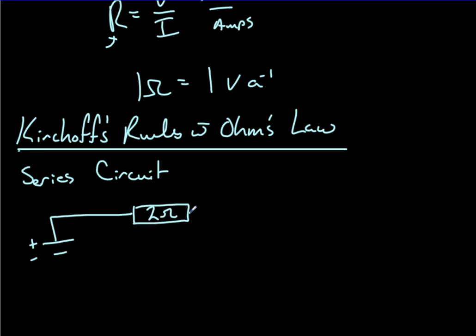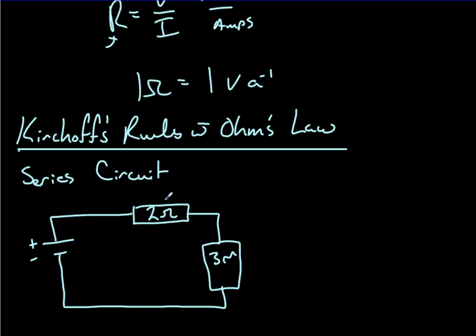So in other words, the current has to travel through more than one resistor. Okay, so if you can imagine, current leaving here, encountering first one resistor, then another.